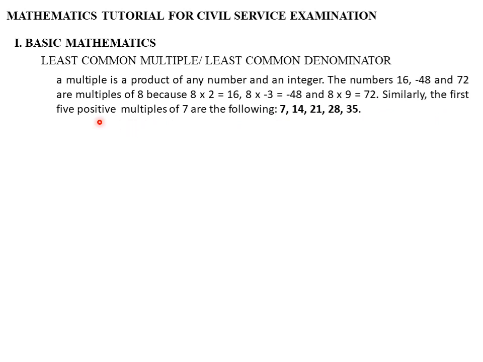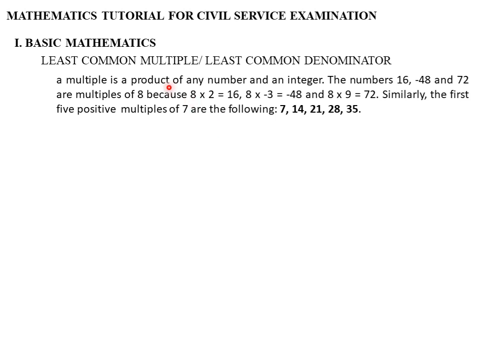Another example, the positive multiples of 4 are 4, 8, 12, 16, 20, 24, 28, 32, 36, and 40. The multiples of 5 also are 5, 10, 15, 20, 25, and so on and so forth.